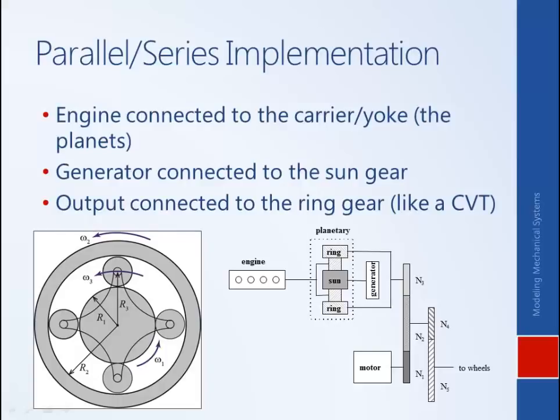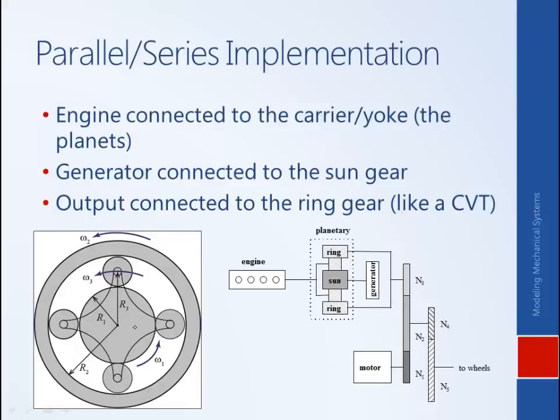There you were basically constrained by what the driver was requesting and by what the motor was doing. But in this case, you can operate the engine at its most efficient region, here it being connected to the carrier.